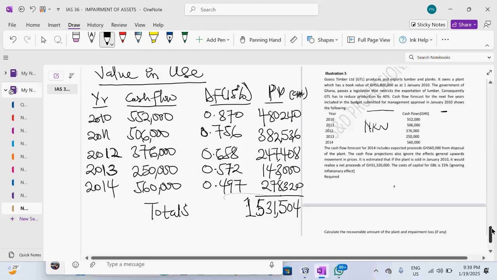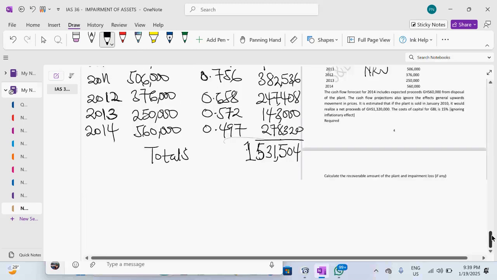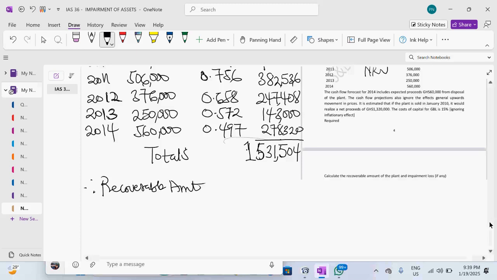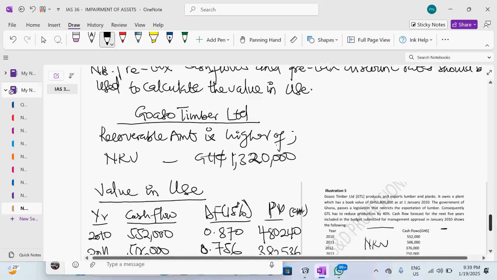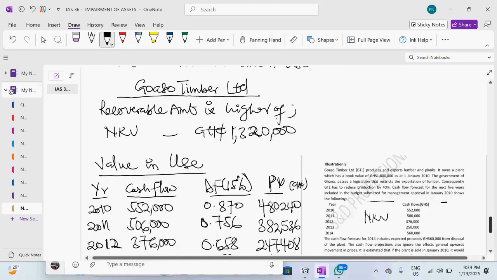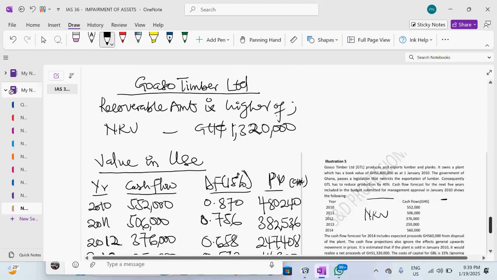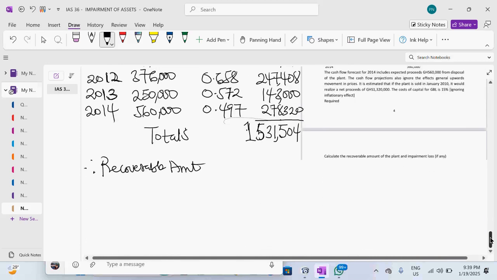So we said that the recoverable amount is the higher of the two. Therefore, what is our recoverable amount? The value in use.